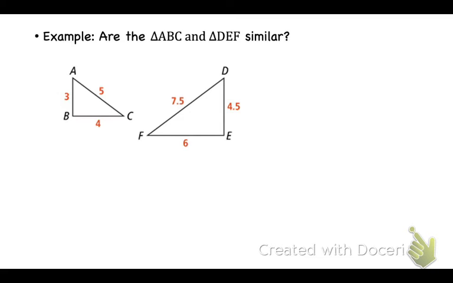Okay, are ABC and DFE similar? So what rule, what theorem is going to show me whether they're similar or not? You have 3 to choose from. Side, right? So the side rule said all of their ratios have to be equal. So we have to set up ratios, correct?